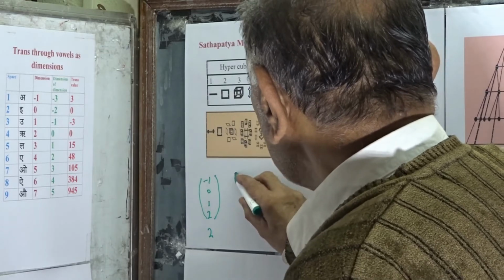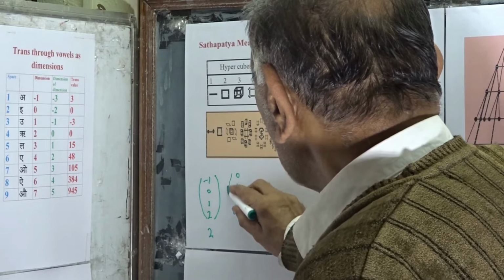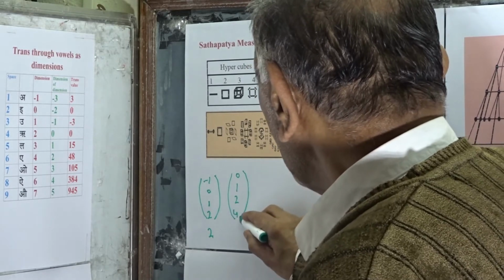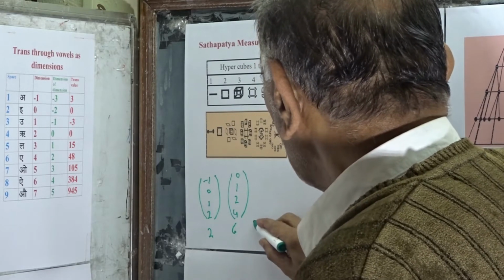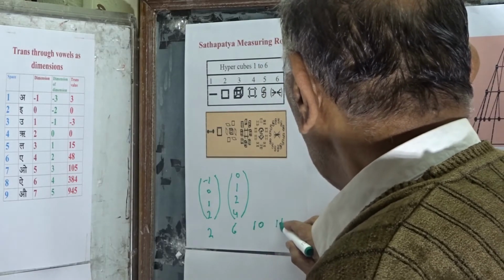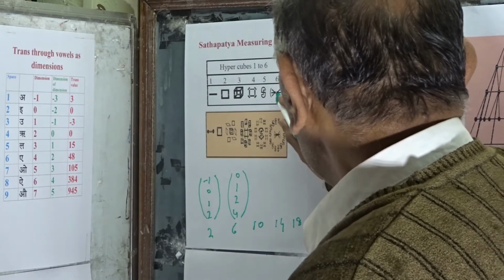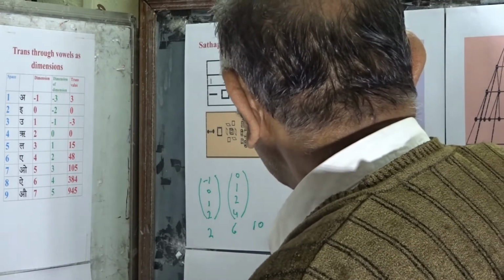Hypercube 2 is a fourfold manifestation layer of summation value 6. Like that, the third hypercube 3 of value 10, then value 14, value 18, and ultimately hypercube 6 is of value 22.